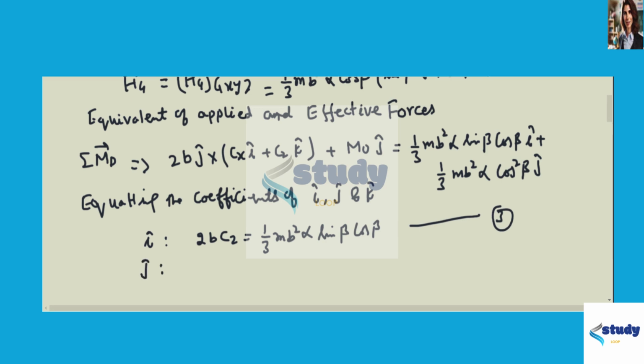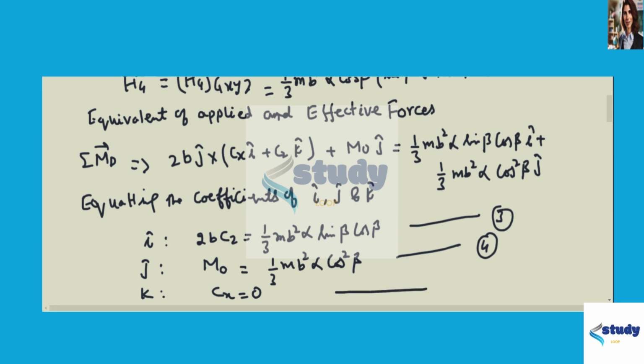For j cap, you can write moment of couple about O will be 1 by 3 mb square alpha cos square of beta. This is fourth. And for k cap, Cx is 0.